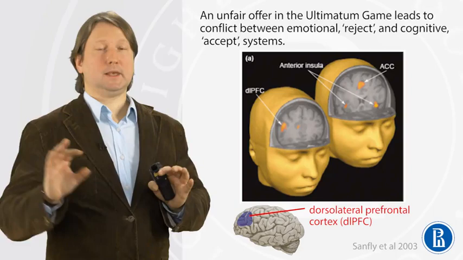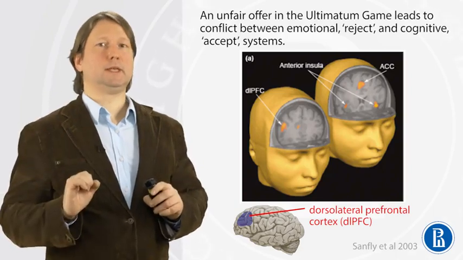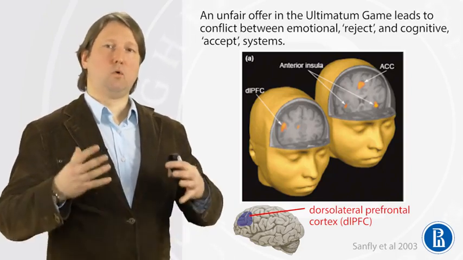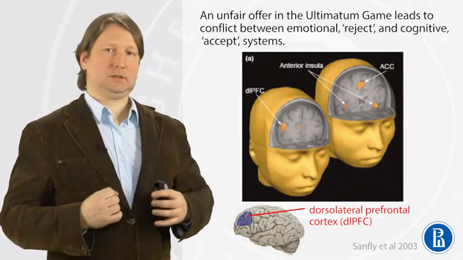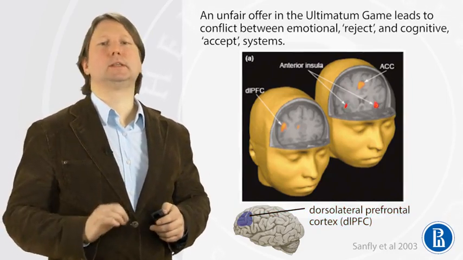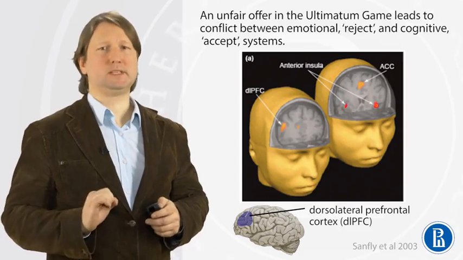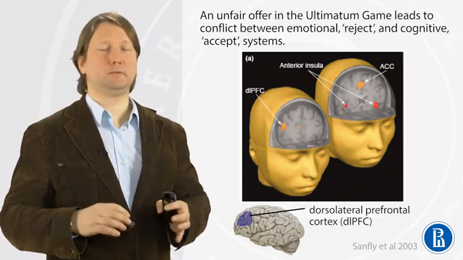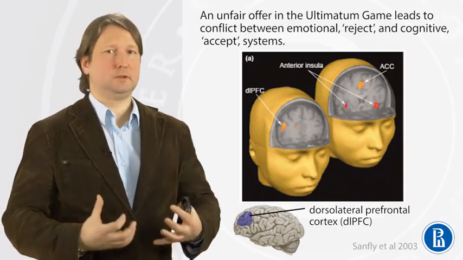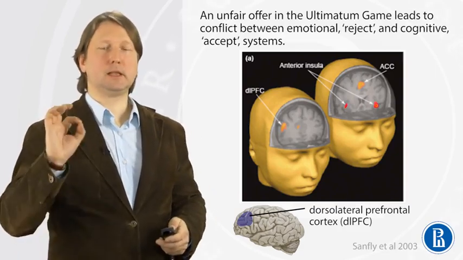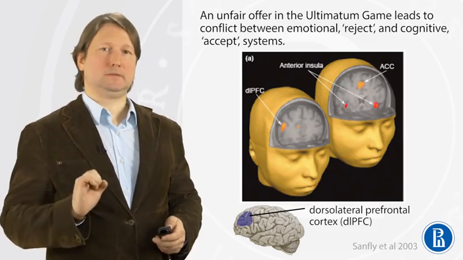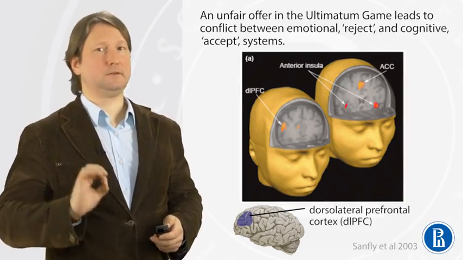But briefly, the dorsolateral prefrontal cortex is related to cognitive control, to more rational decisions. The insular cortex is an emotional area in the brain. For example, this area is activated when we experience disgust or when we feel pain. Let's look at the activity of these regions when we face unfair offers.